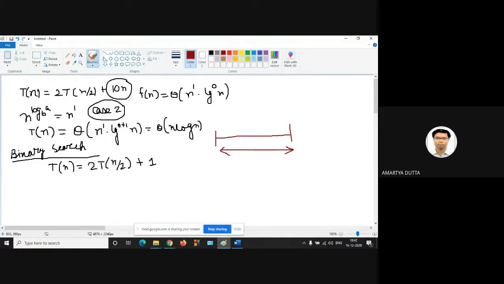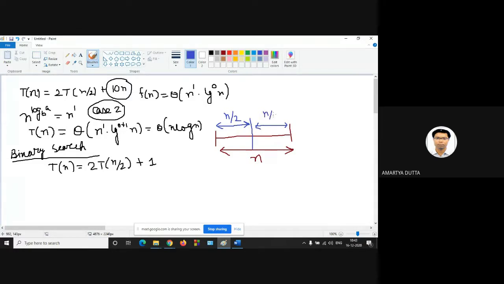Now the problem size, let your array size be order of n. In case of binary search, you are dividing the whole array into two parts, each of size n by 2.